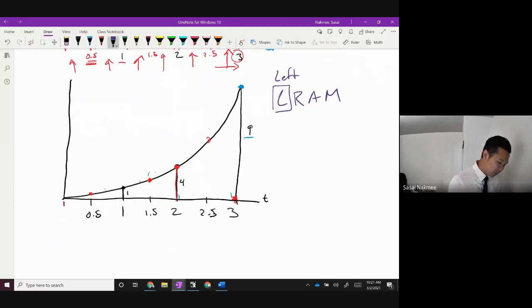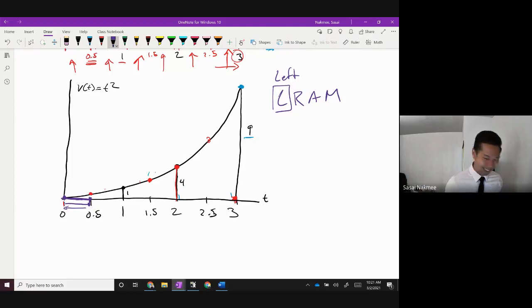So here's the first base right here, from here to 0.5. But I'm going to look at the left value. And the left value is going to be looking at v of t equals t squared. The left value is, of course, 0, isn't it? So what's 0 squared? That's just 0. So this first rectangle is this line right here, which has a height of 0.